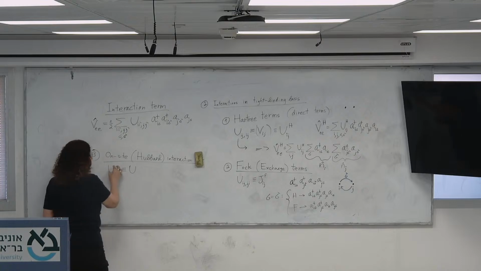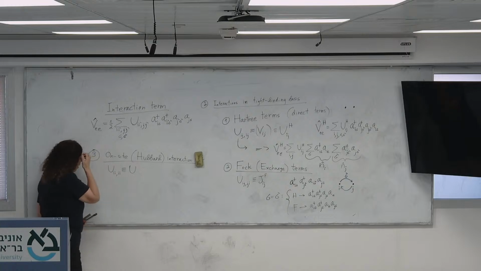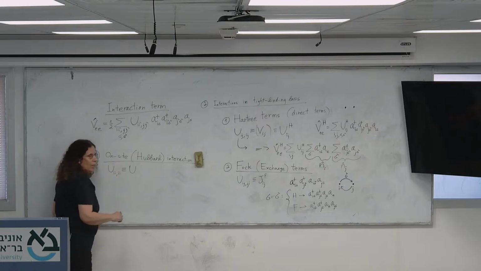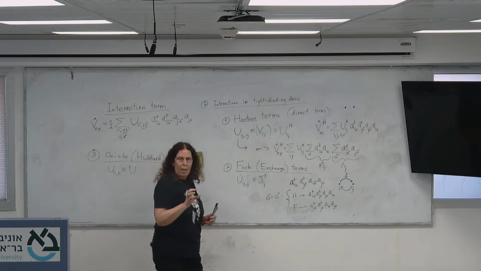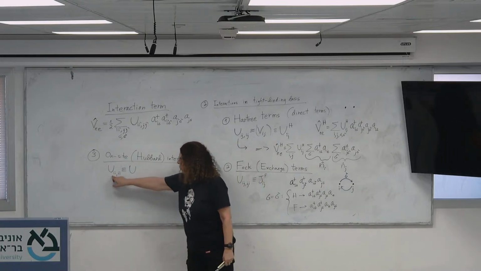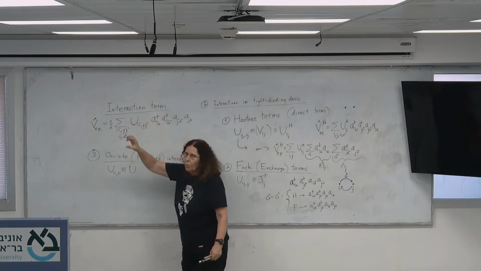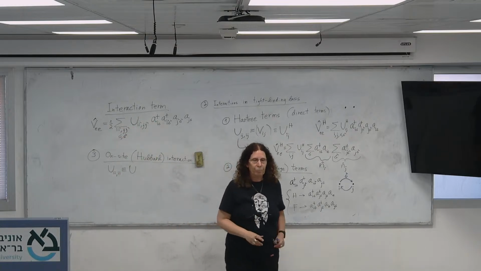I'm just saying that the coefficient, if you look at the expression for the matrix element, if the wave functions are really coming from a periodic lattice, it's not even dependent on I. Okay, so you can actually take it out of the sum and call it U.